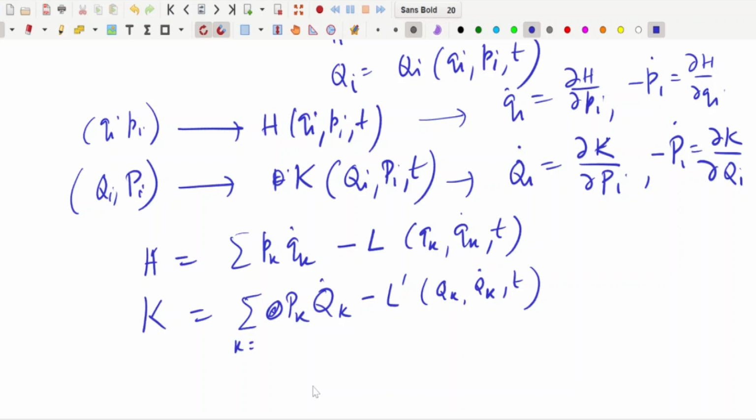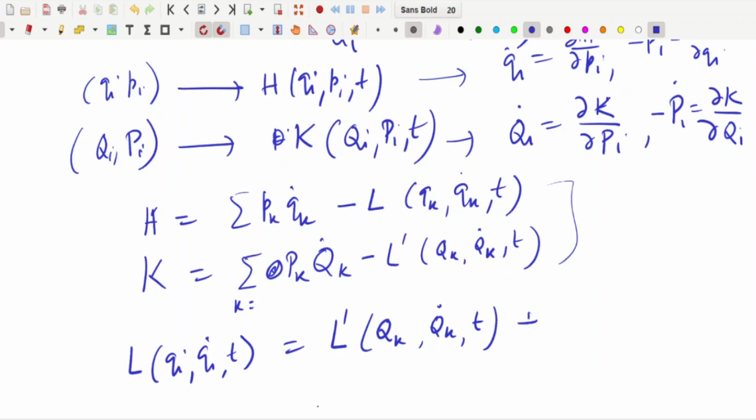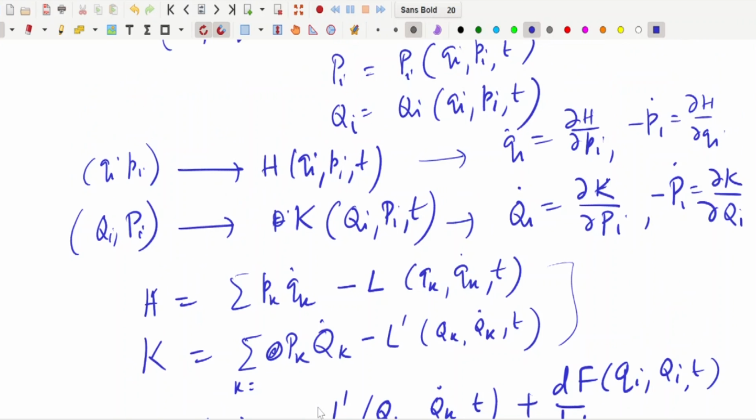For that we need to use this definition along with equation 7, which I mentioned in the last lecture, that the new Lagrangian L prime of Qk, Qk dot and t is L of qk, qk dot and t plus dF of qi and t by dt.